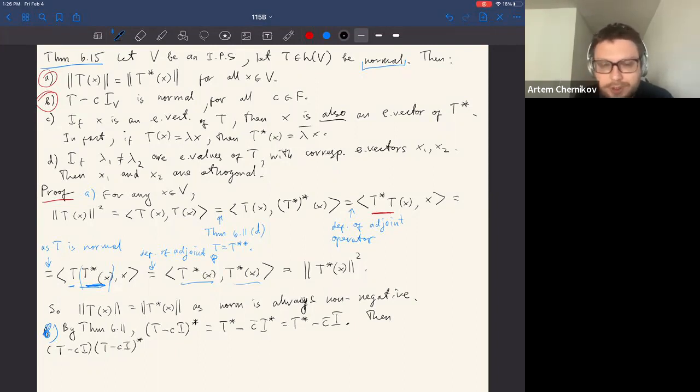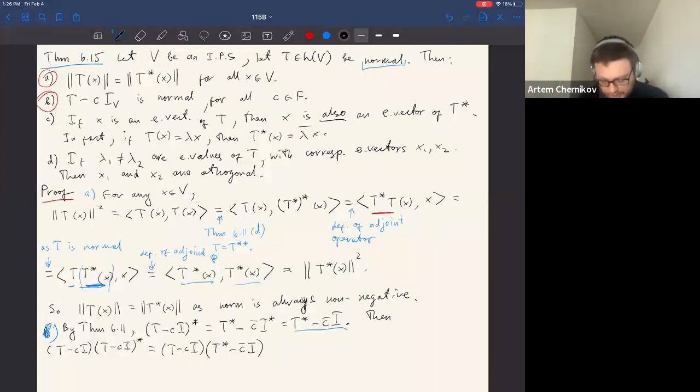We look at this product and try to show that it's equal to the product in the opposite direction. Now use the previous line: this is T minus CI, and here the product is composition, because we are talking about linear operators, times T star minus C bar I.